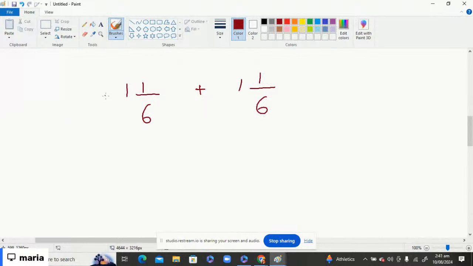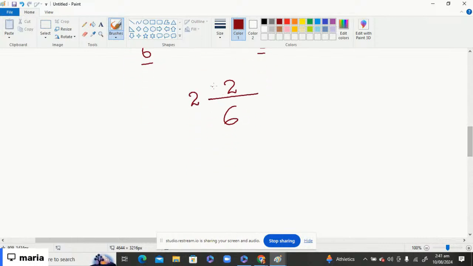One method is just adding these numbers together. 1 plus 1 is 2. The denominators are the same, so just put 6 here. Now look here, this is 2, this is 6. These are again the same: 2 times 1 is 2, 2 times 3 is 6. So it's 1 by 3. This is the answer. We are going to write it.